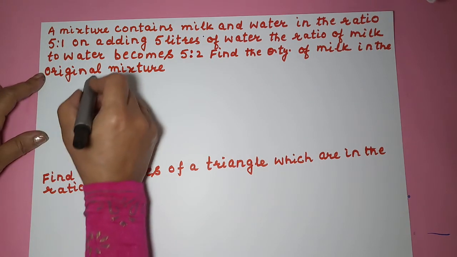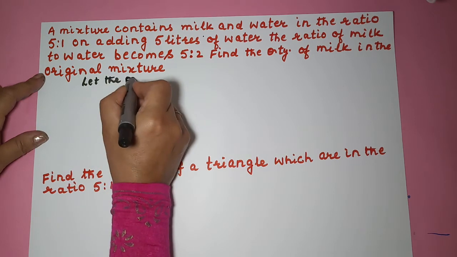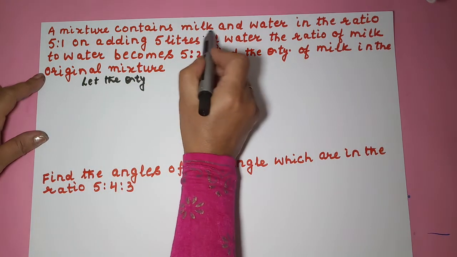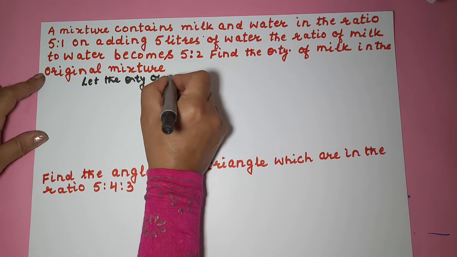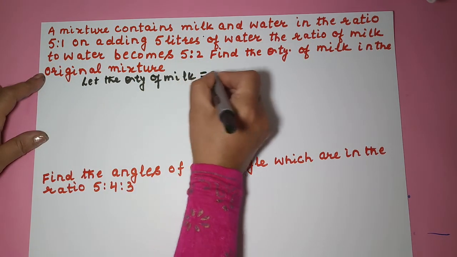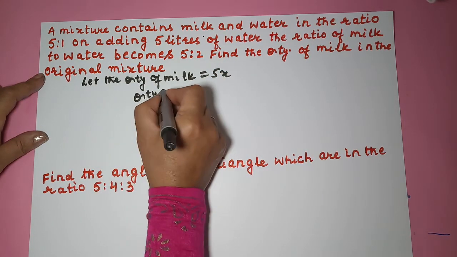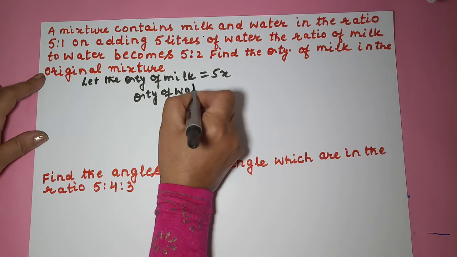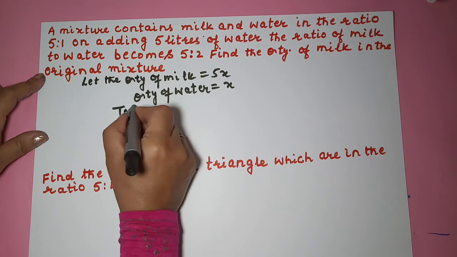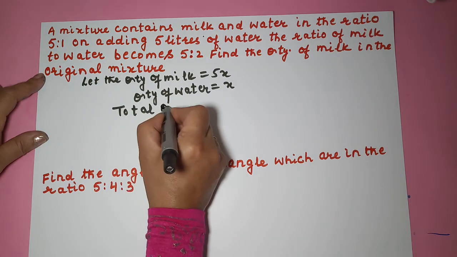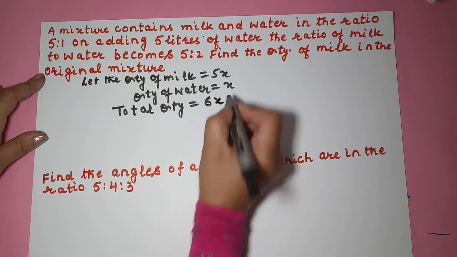So let's write, let the quantity of milk, so milk is first, water is later, be 5x, and quantity of water will be x. So what is the total quantity of the mixture? Total quantity is equal to 5x plus x, which is 6x, right?